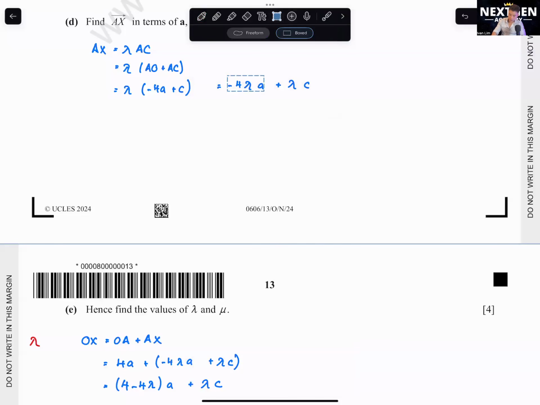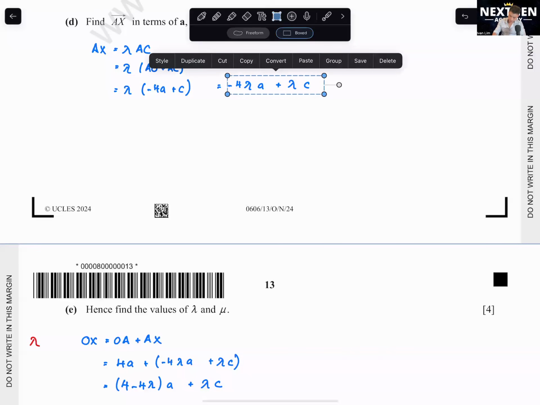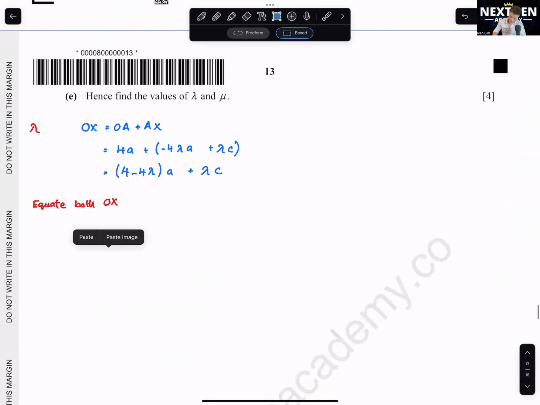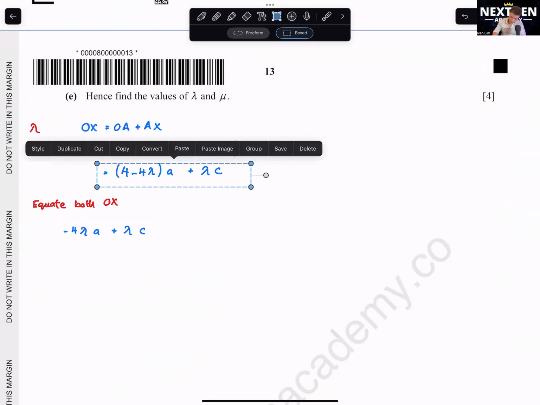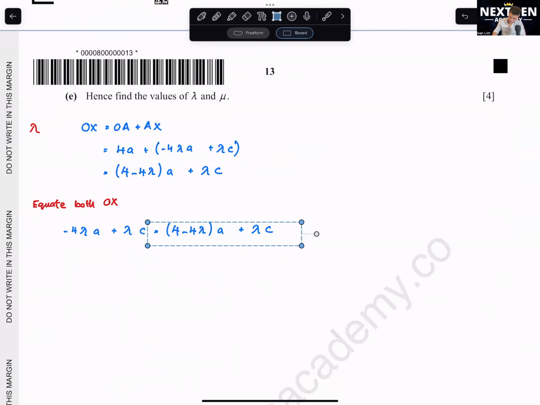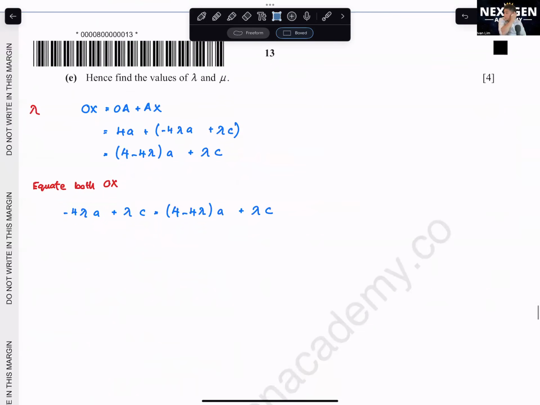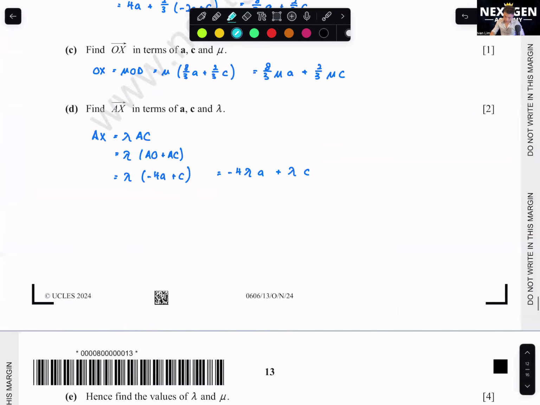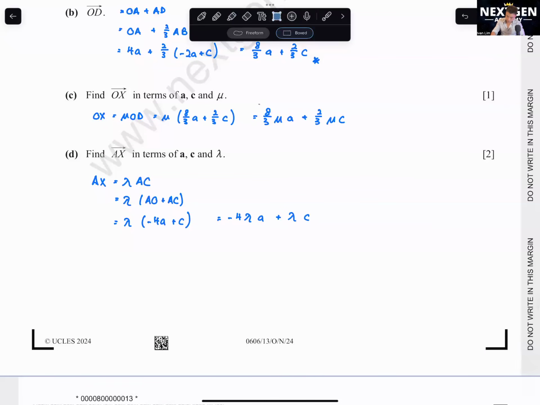Here we have 4 minus 4 lambda A plus lambda C. We're going to equate this with the other OX, sorry, I also blur already.